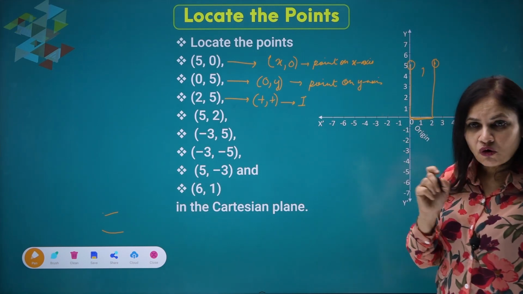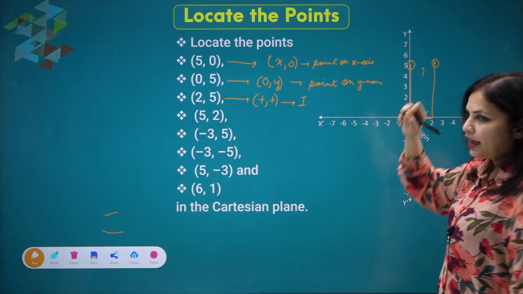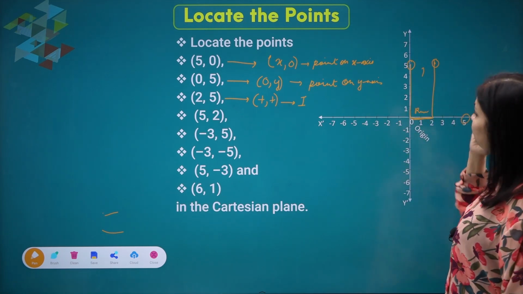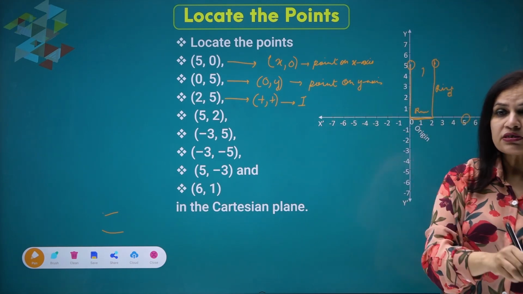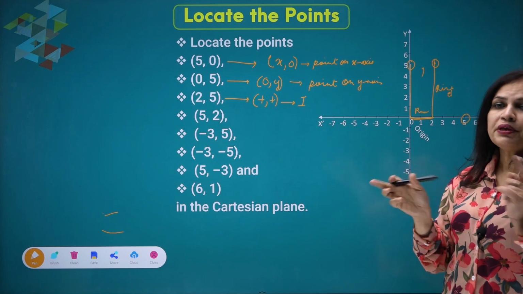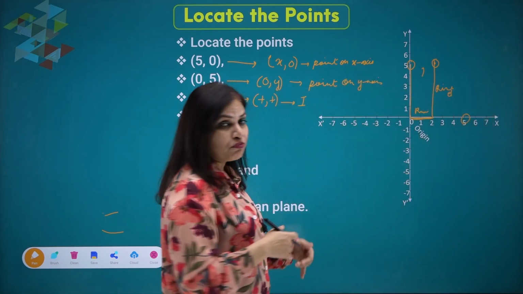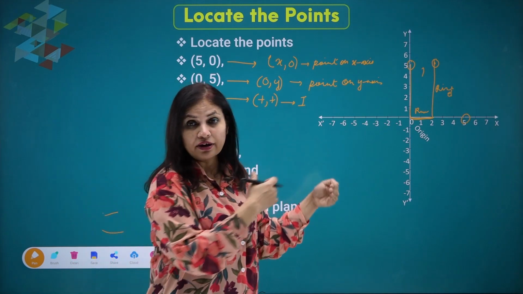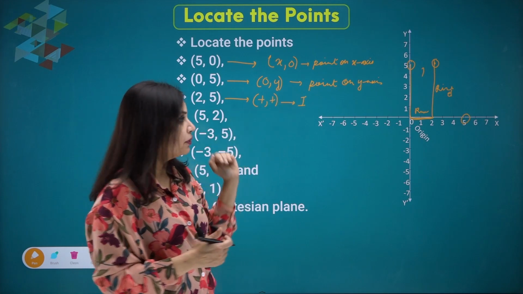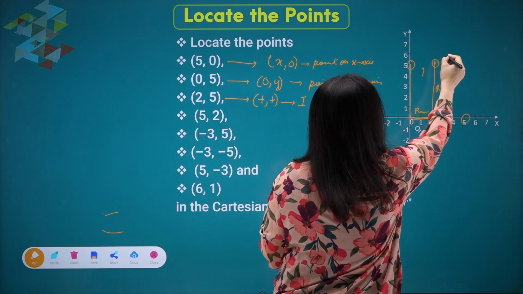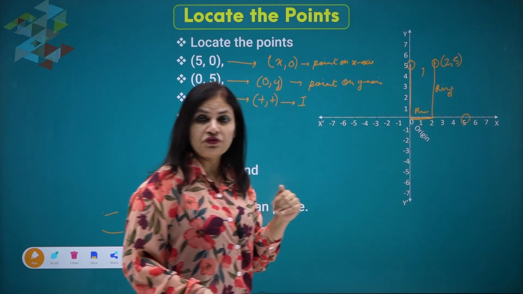If I'm moving horizontally, I name it run, and when I'm moving vertically, I name it rise. So a coordinate is nothing but a combination of rise and run. So what do I see? I have run 2 steps to the right, and I have risen 5 steps upward. So finally my point rests here, which is 2, 5 and lies in the first quadrant.